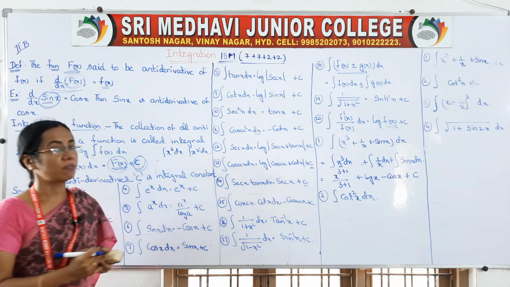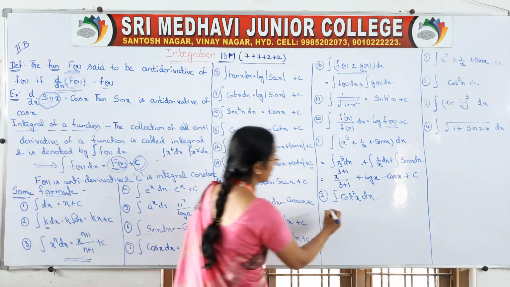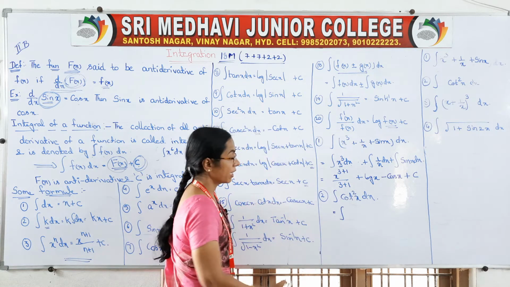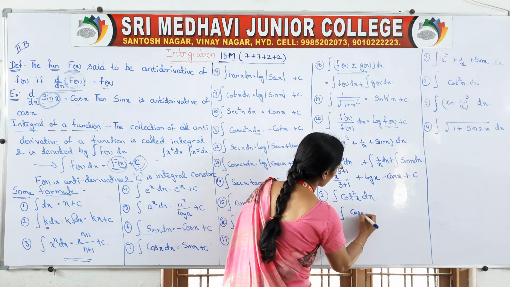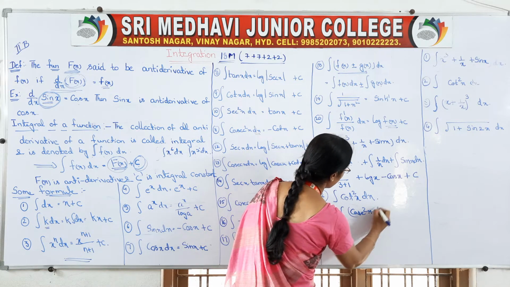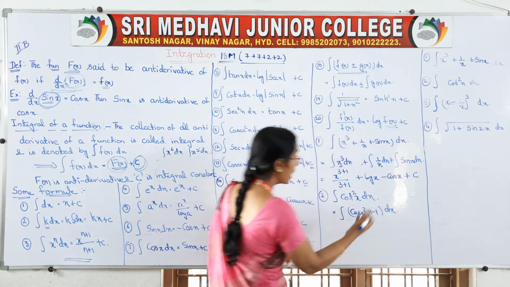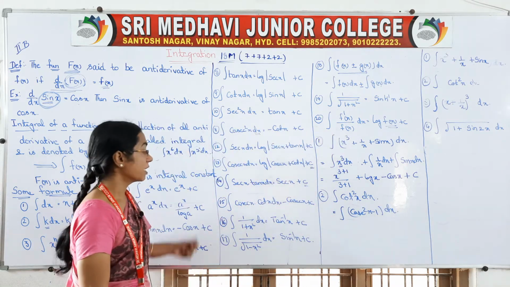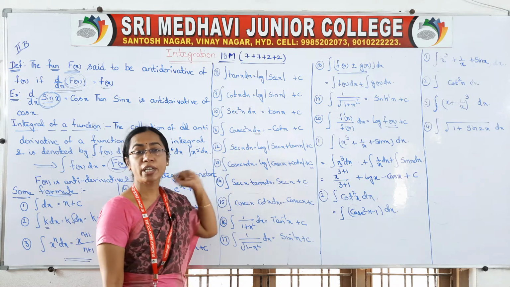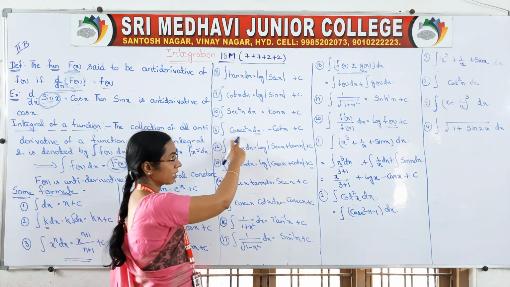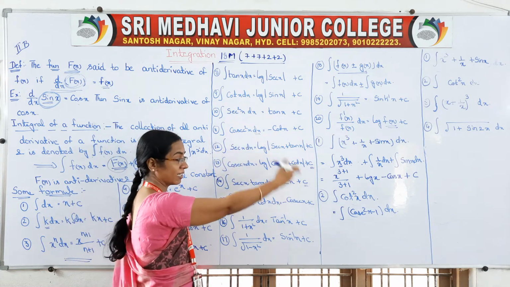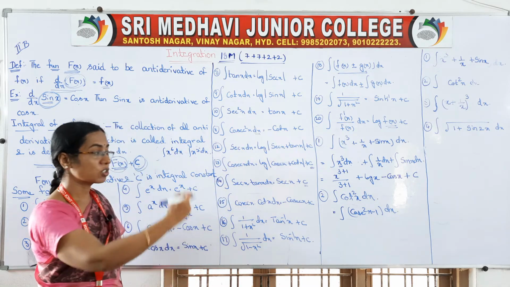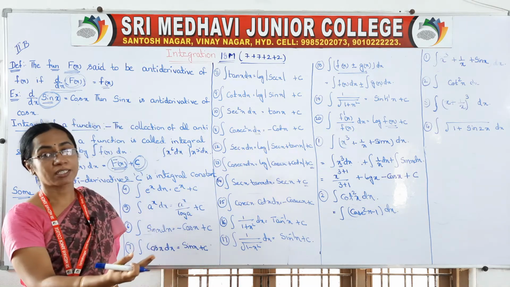How can we convert? By our trigonometric formulae, cot square x can be written as cosec square x minus 1, into dx. Why are we writing like this, madam? Yes, we have the cosec square formula. Integral cosec square x dx is there. That's why we converted cot square x into cosec square x minus 1.